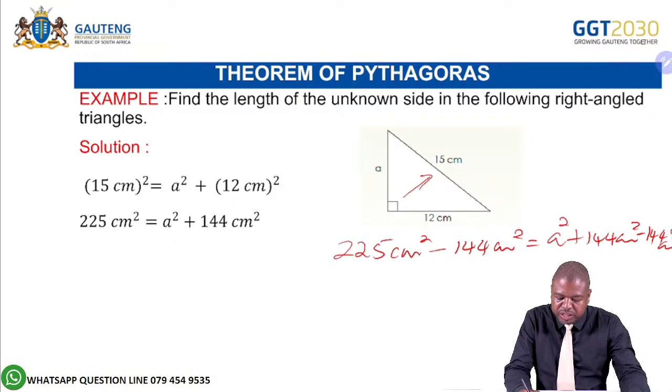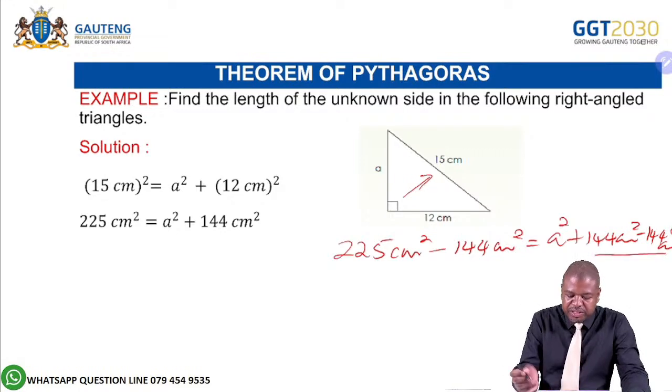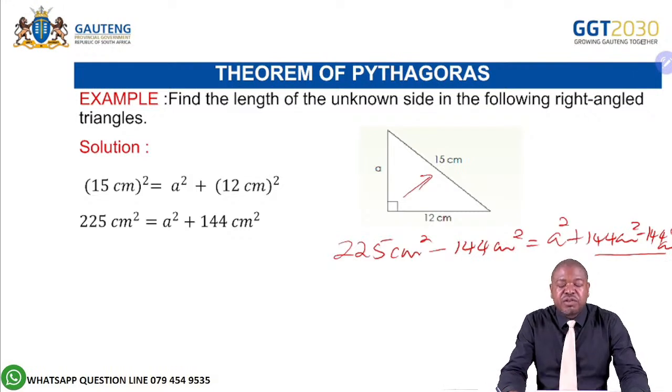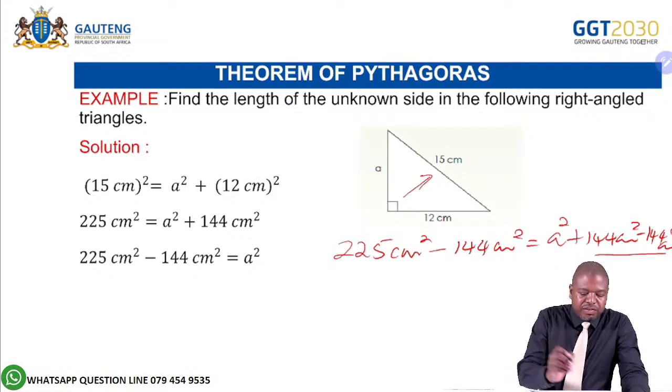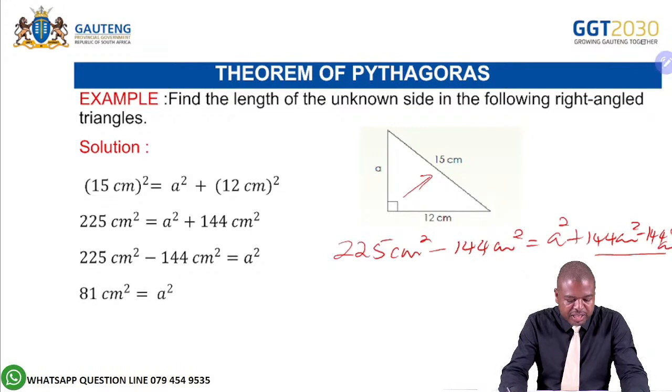Right. Now this simplifies to 144 centimeters squared minus 144 centimeters squared. Then we're going to remain with 225 centimeters squared minus 144 centimeters squared is equal to A squared. If we simplify that further, we are going to get 81 centimeters squared is equal to A squared.